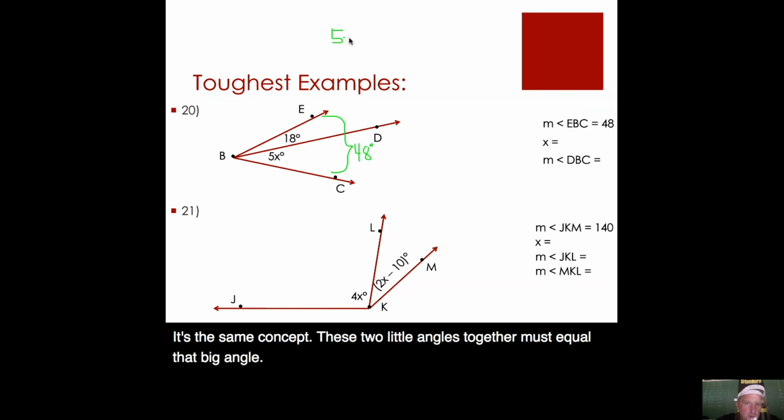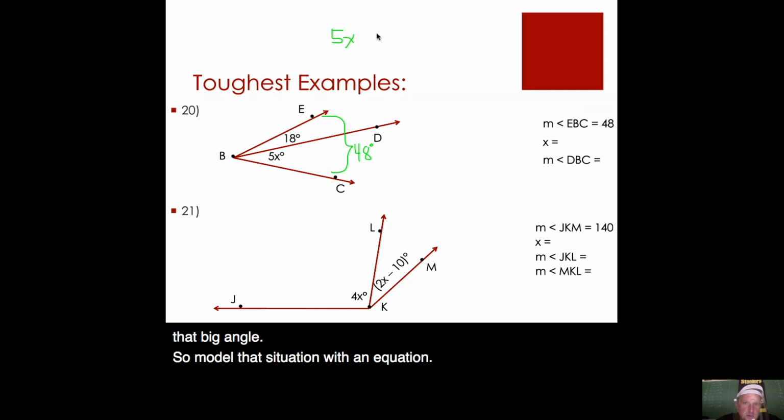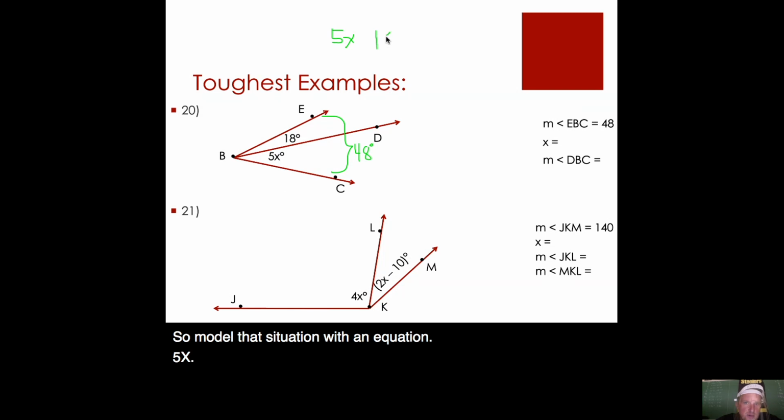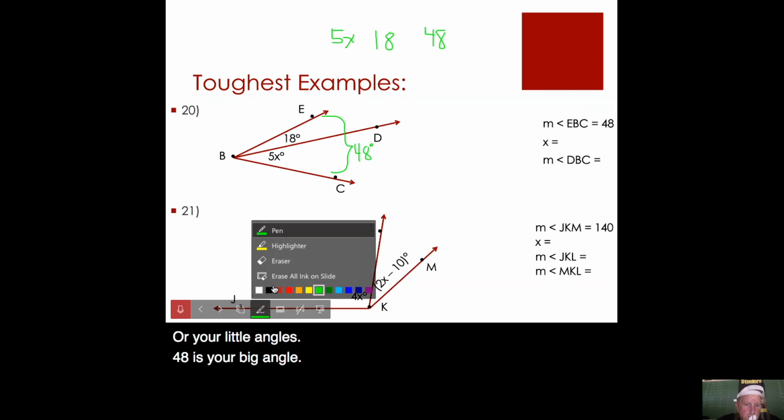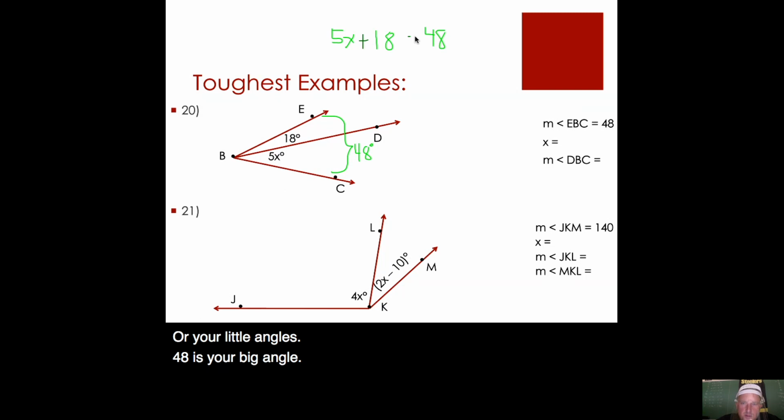So model that situation with an equation. 5x and 18 are your little angles. 48 is your big angle. Add the two little ones to get the big one.